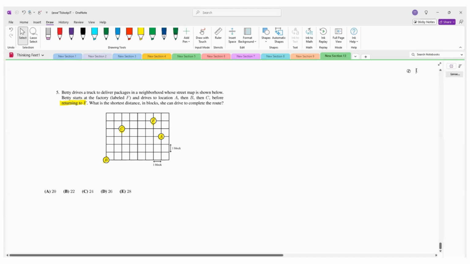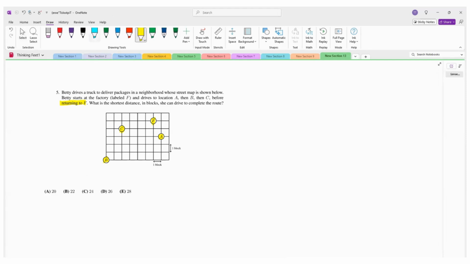Now, there's multiple ways. We need the shortest distance, right? So sometimes we might, and this is a fine approach, just draw the route. Because they're like rectangles, it doesn't matter if I go from here to here or from here to there, right? They're both 2 units long. So I'm just going to go here.